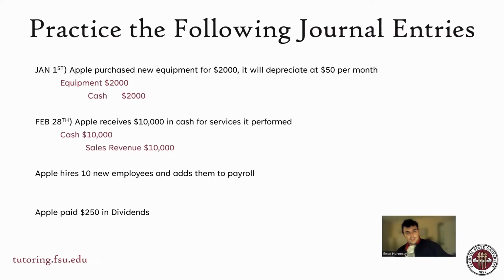Say Apple receives $10,000 cash in advance. Sorry, not in advance. That's later. Apple receives $10,000 in cash for services it performs. So we perform these services. By performing the service, we've earned this revenue, whatever the services are. So we can credit our revenue, where we increase revenue with a credit.